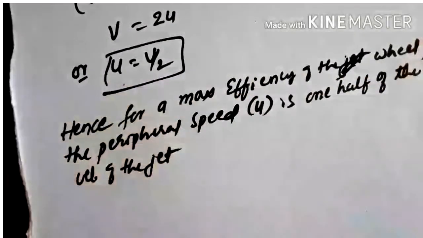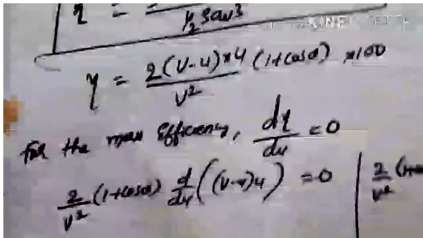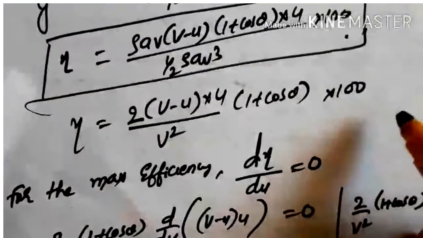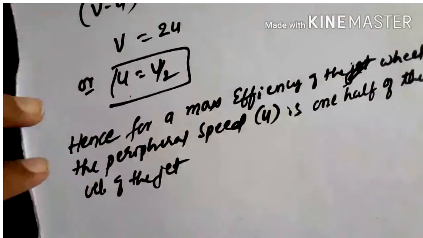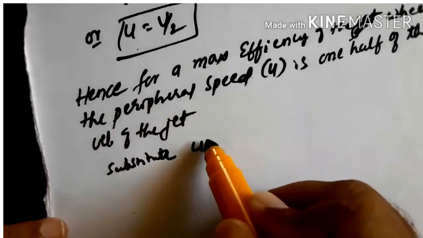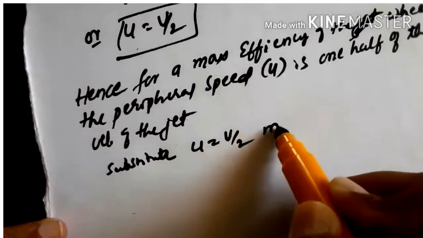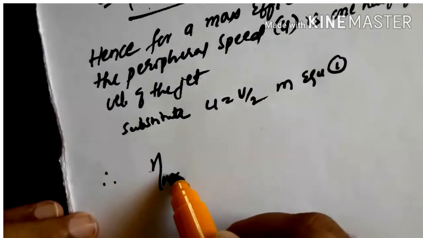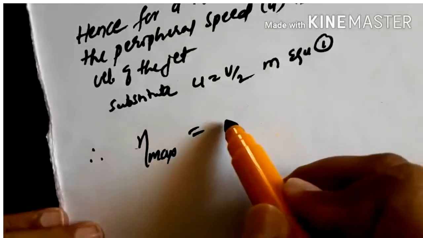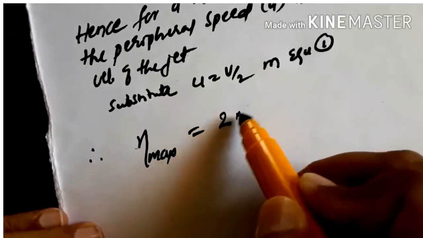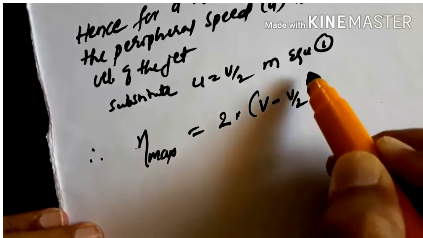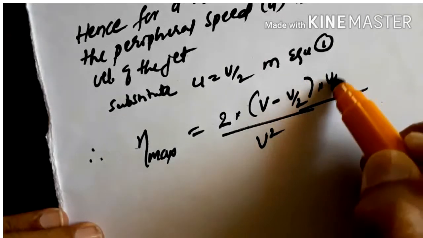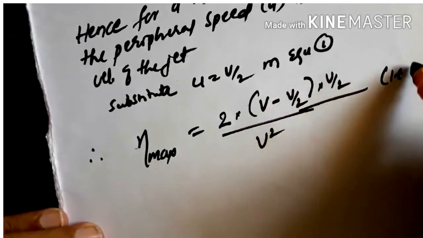Substitute that value of u in equation number 1. Substituting u equal to v by 2 in equation 1, the maximum efficiency is 2 into (v minus v by 2) divided by v square, into v by 2, into (1 plus cos theta).